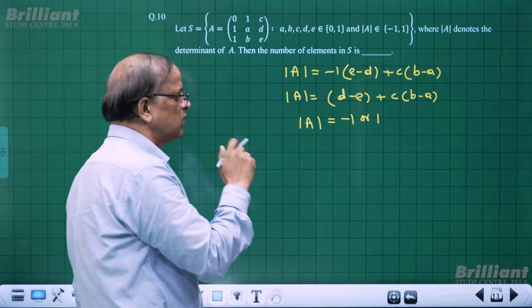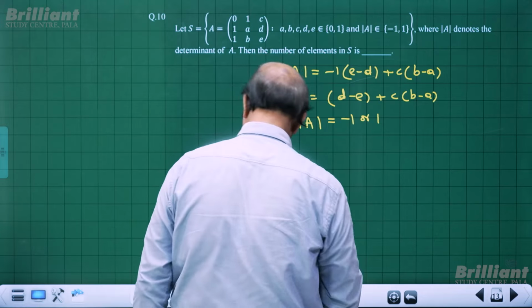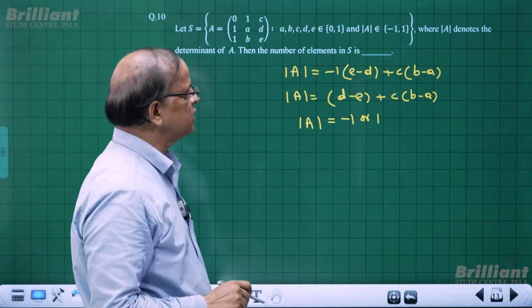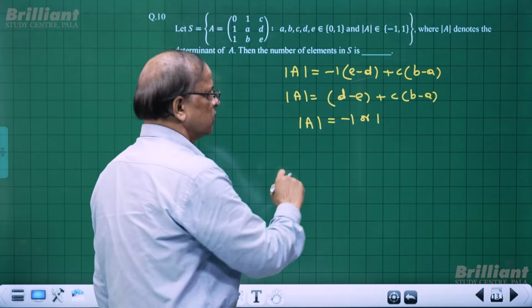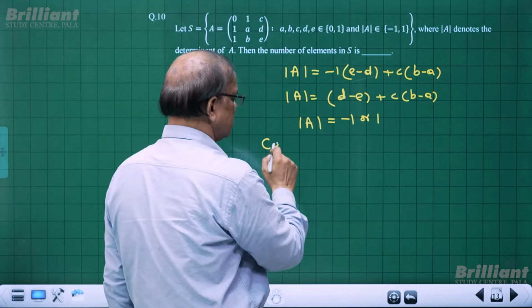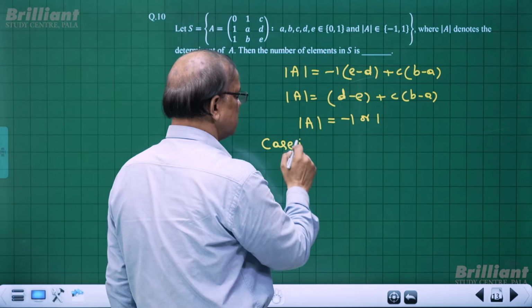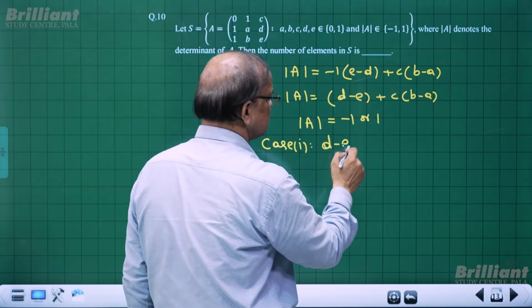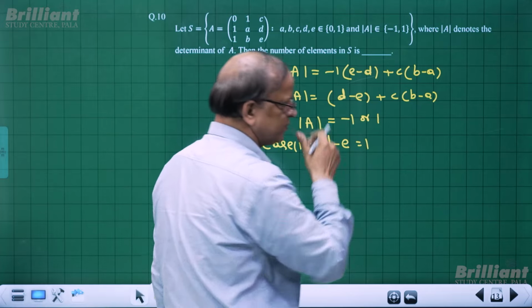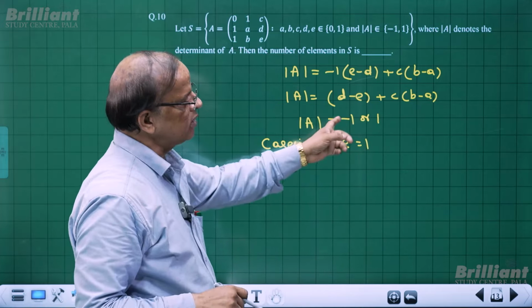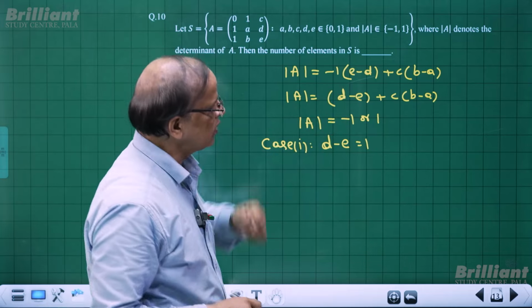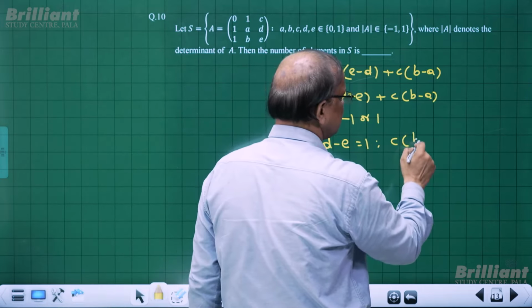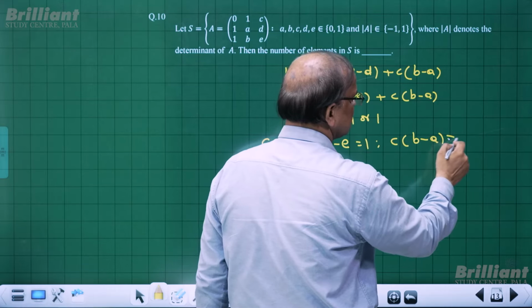So, in this case, suppose D minus A is 1, I will take, okay. So, case 1: D minus A is 1. So, this can be 0. So, C into B minus A is 0, okay.